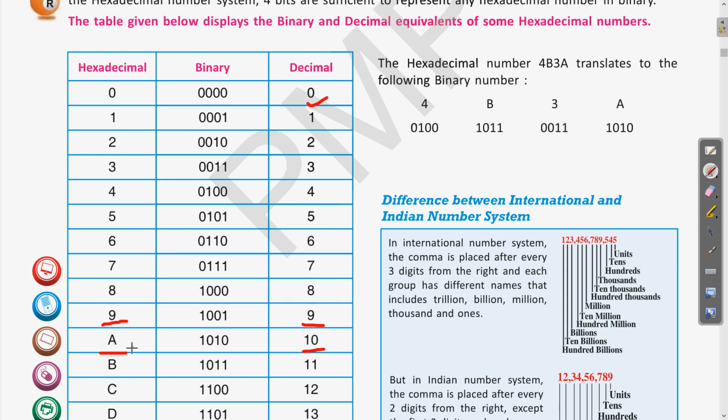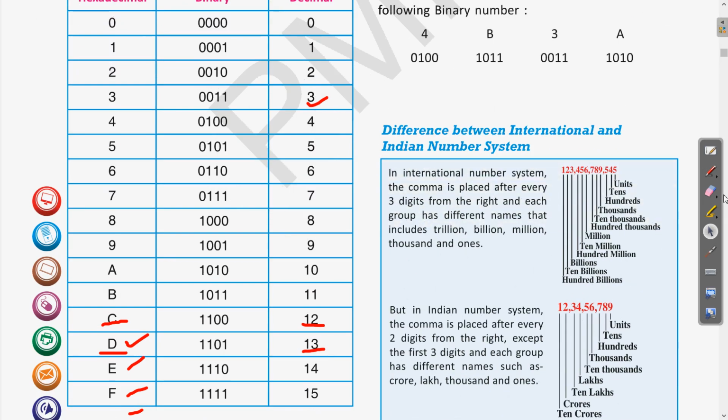So from 10 onwards we are using the alphabets, that is A, B, C, D, then E and F also if you move to the bottom. Why are we using alphabets? Because after 9, if we use 0 1, these symbols we have already used. Yes or no? So to make a new, unique symbol, we are using A to F.